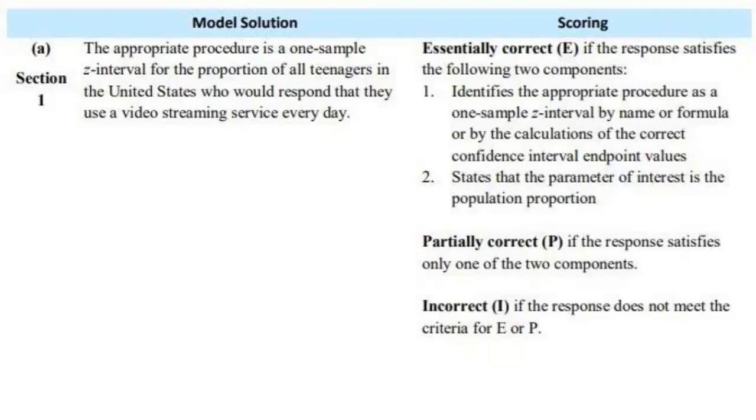So Section 1, the appropriate procedure is a 1-sample Z interval for the proportion of all teenagers in the United States who respond that they use a video streaming service every day.